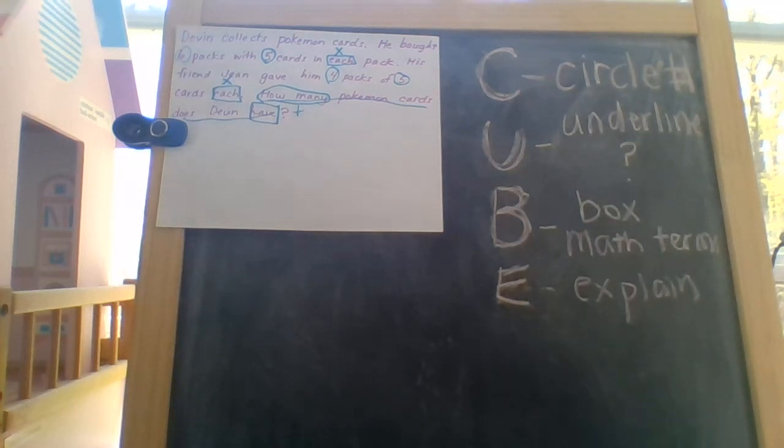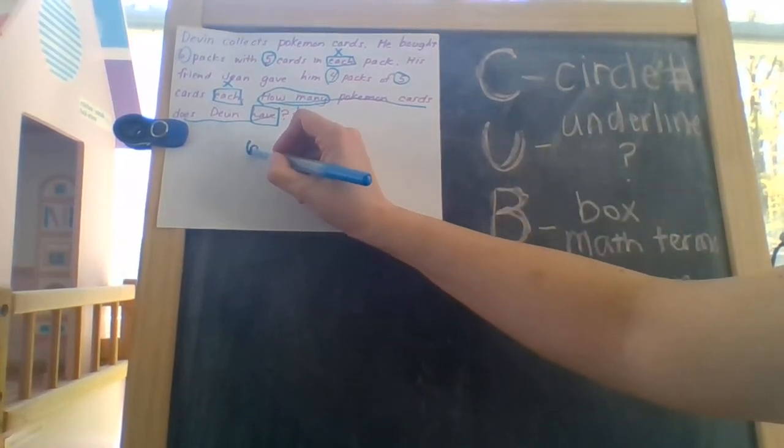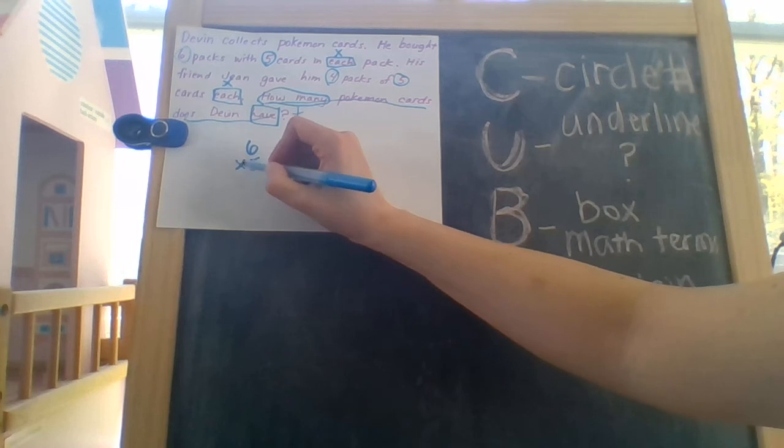So let's explain it first before we solve it. My bad. E means to explain. So I need to multiply 6 packs times 5 cards to find out how many cards Devin bought. Then I need to multiply the number of packs times the number of cards that Jean gave him. And then I'm going to add them together to find out the total number of cards Devin has. So 6 times 5.